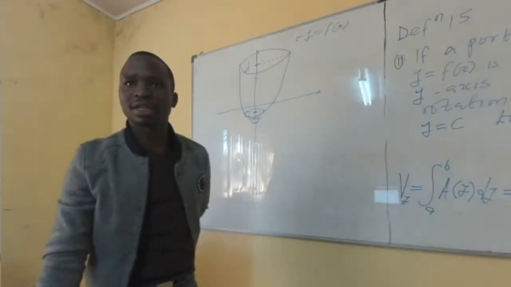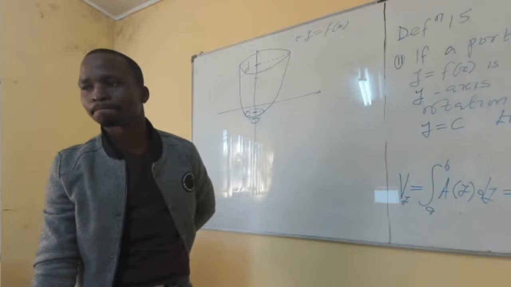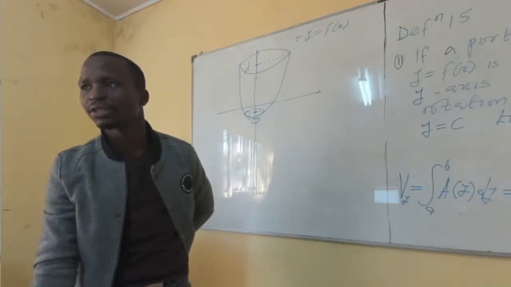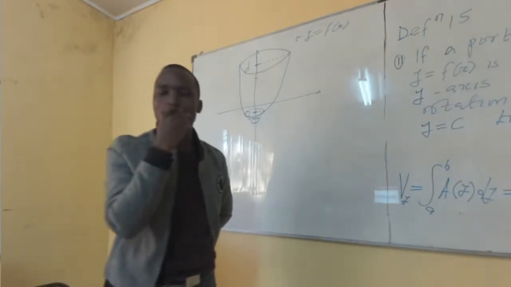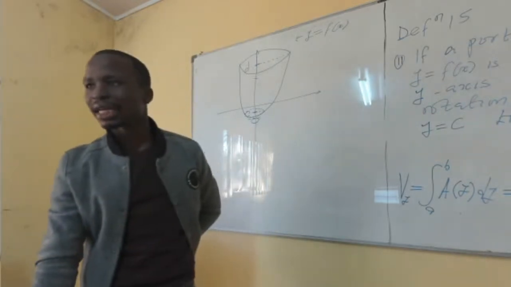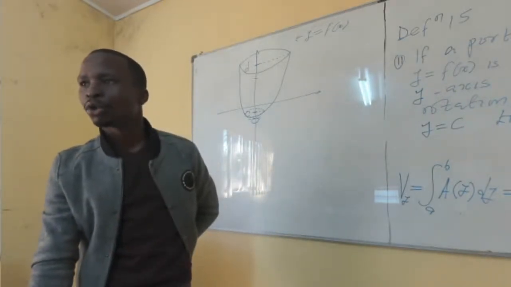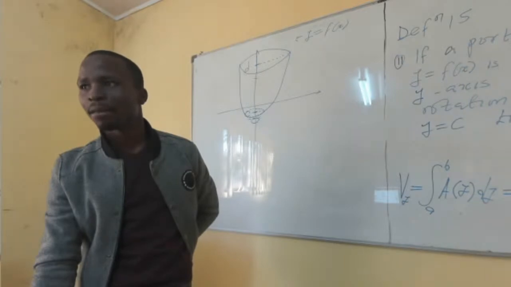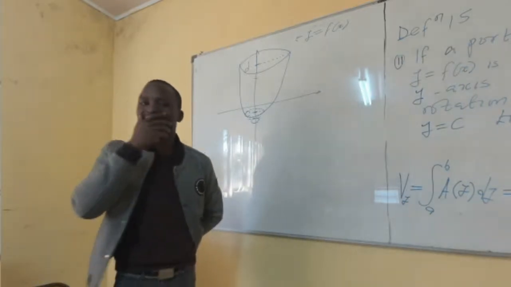Okay, now let's look at some examples. Having said all this, let's look at some examples. I think there's only one example that I'm going to solve using both methods, which is your example number 16.